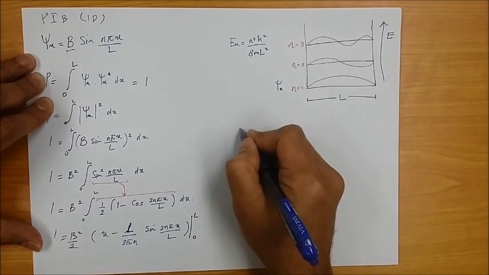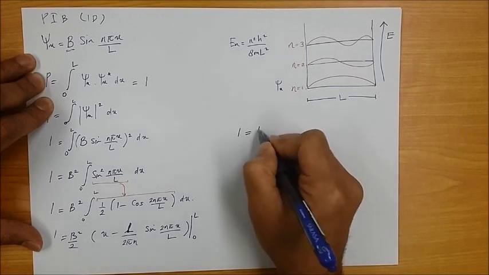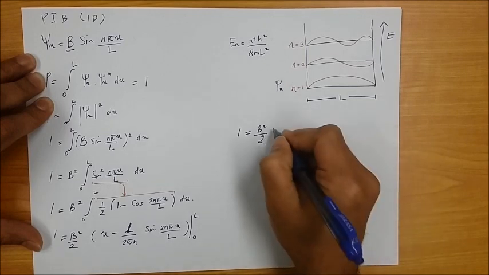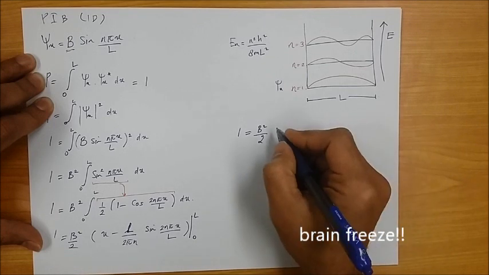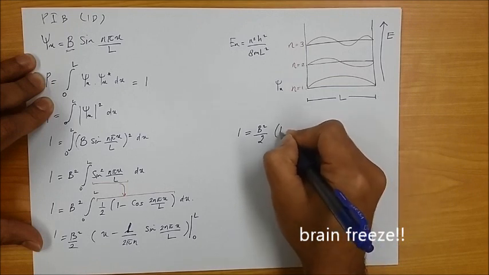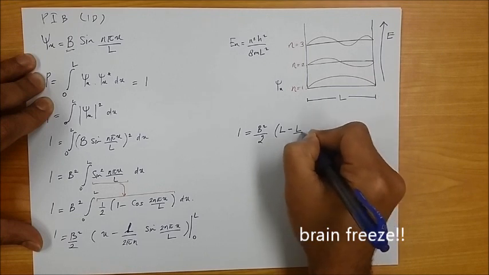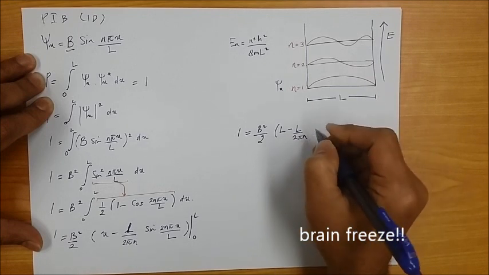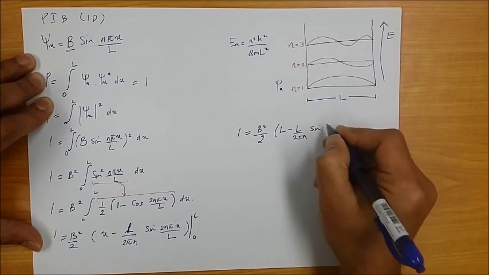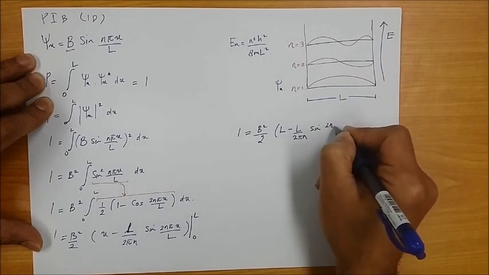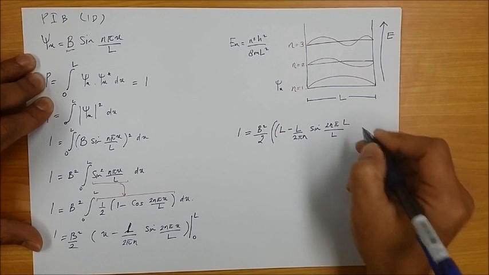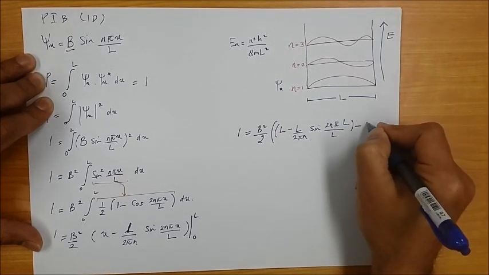So in this case we continue the integration. 1 is equal to B squared over 2 times, this becomes L minus L over 2 pi n sin(2 n pi L over L), this is a double bracket, minus 0.